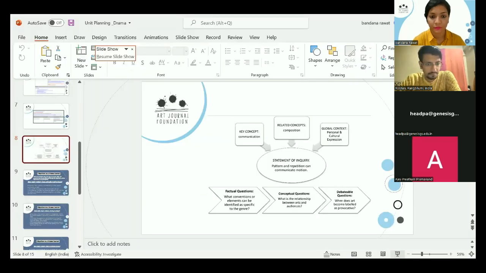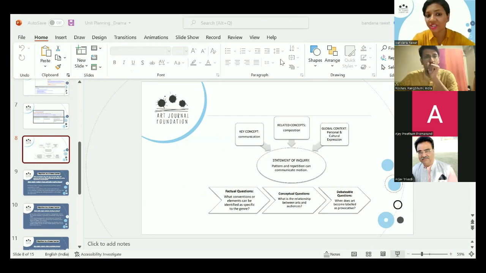Okay, hi. Ms. Vandana, I can't access the drive. Yeah, reposting. Miss Vandana, is it the same link? Yes, I've reshared the drive. So if you see, there is an interactive unit planner and an empty unit planner there. Okay.